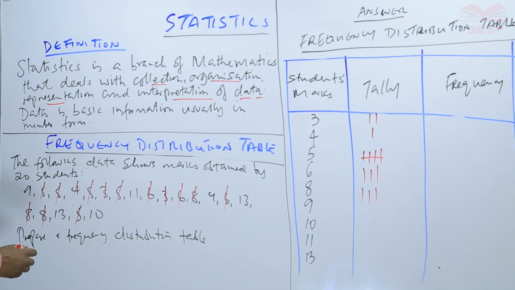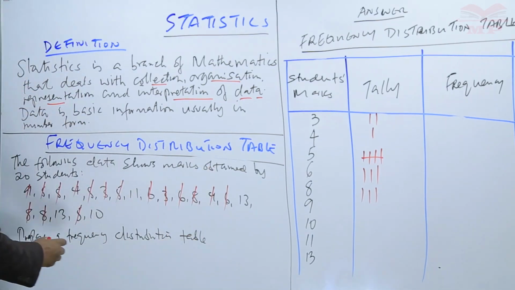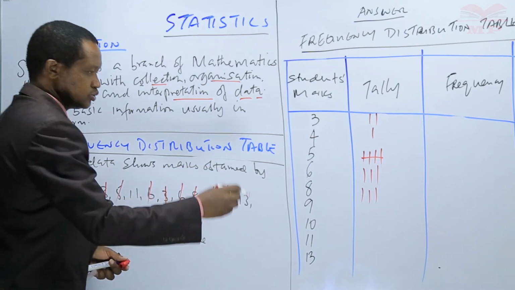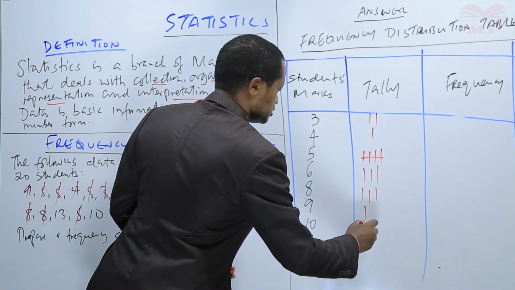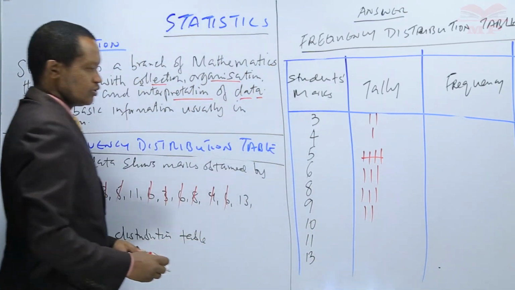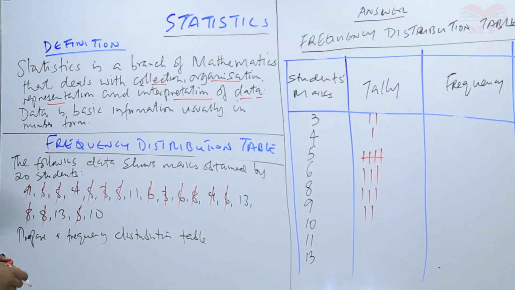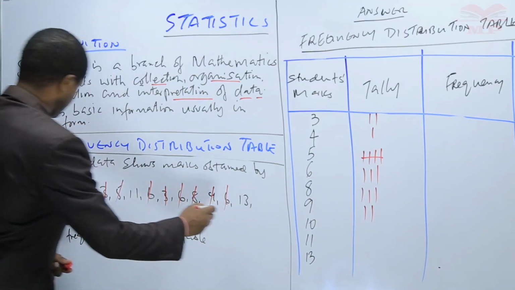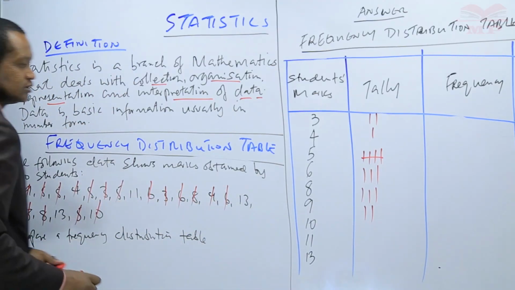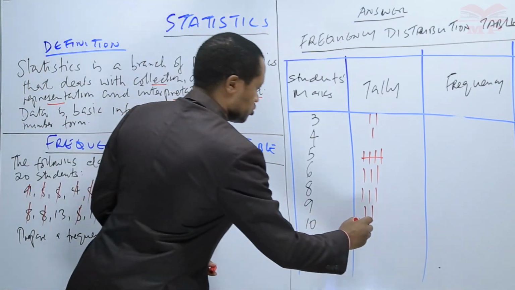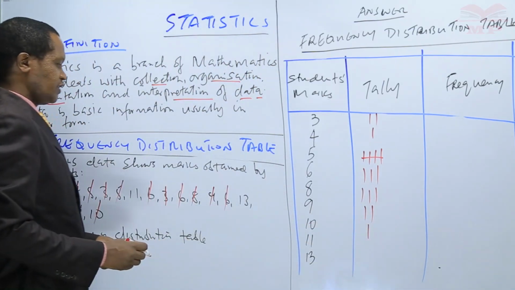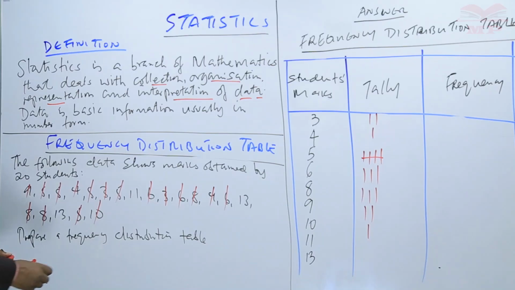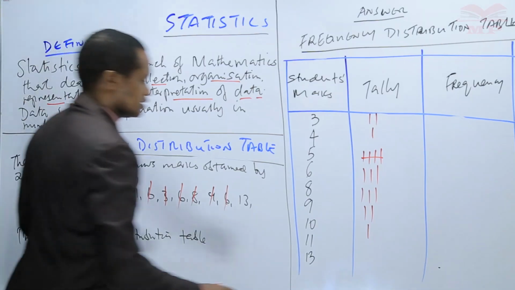9 marks. How many students? 1, 2. 2 students. How about 10 marks? 1. 11 marks: only 1 student scored 11 marks.